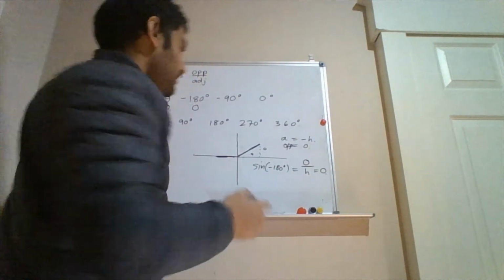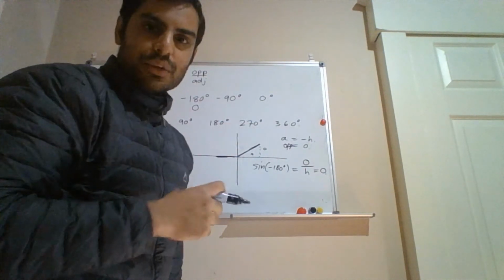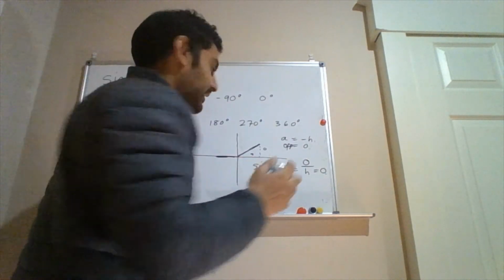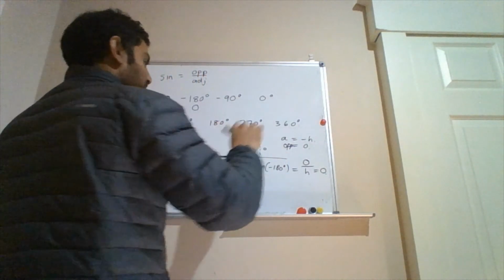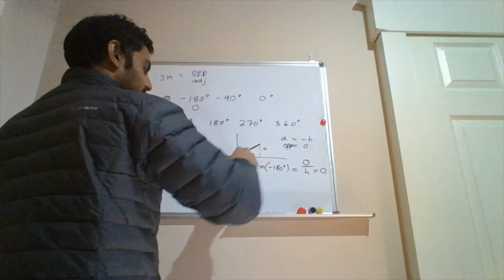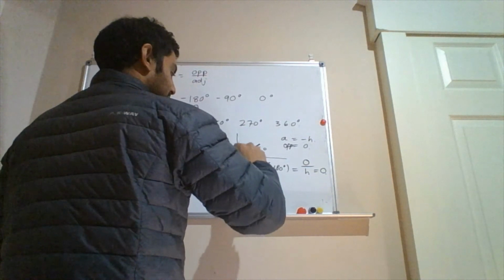Okay, let me just do the next point using the quadrant method, and then I'll just plot the other remaining points. I won't do any working out. So negative 90. We start at 0 and we go clockwise. So our hypotenuse lies here.